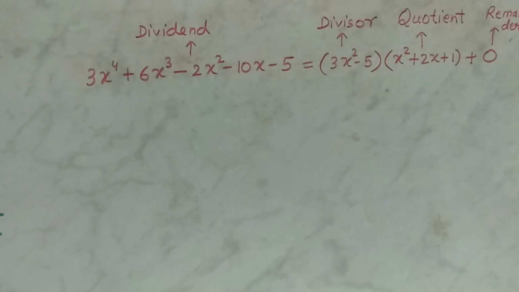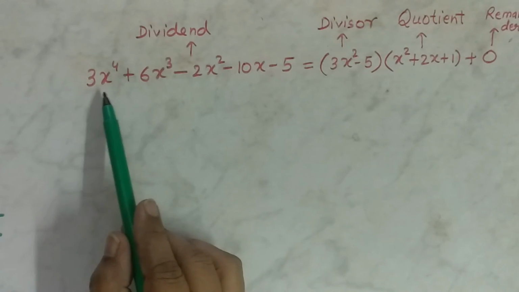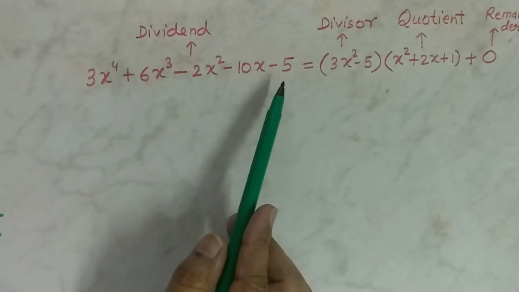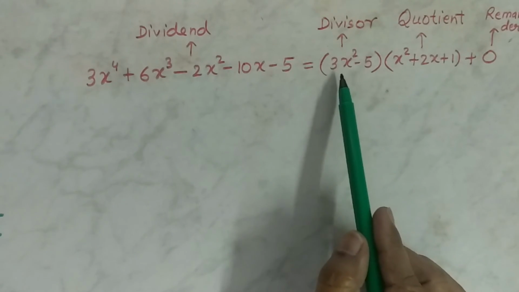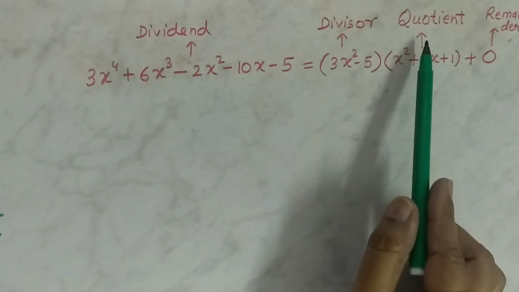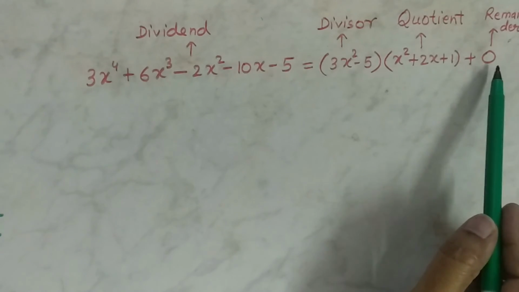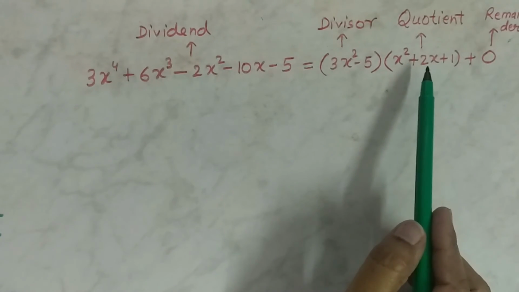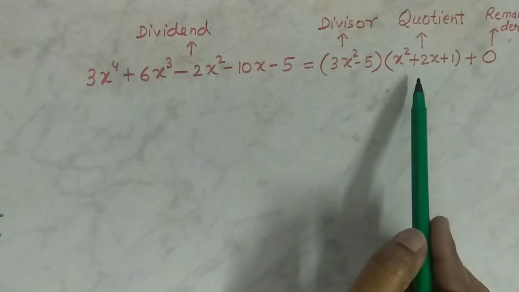So now by the division algorithm, this is our dividend 3x to the power 4 plus 6x cube minus 2x square minus 10x minus 5, and that will be equal to the multiplication of the divisor, which is 3x square minus 5, with the quotient, which is x square plus 2x plus 1, plus the remainder, which is 0.